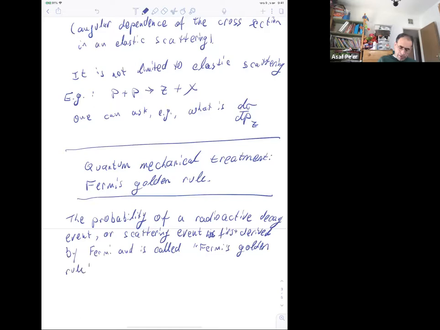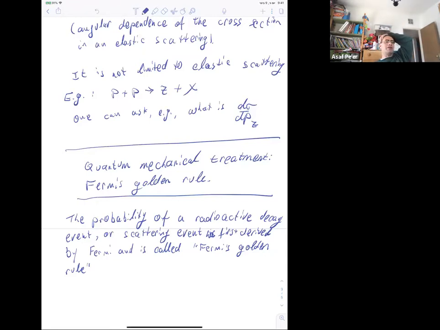Another reason I'm not going to derive it right now is that you can derive it in the framework of classical quantum mechanics and in the framework of quantum field theory, and it's a bit different. Normally what you learn is to derive it in classical quantum mechanics.